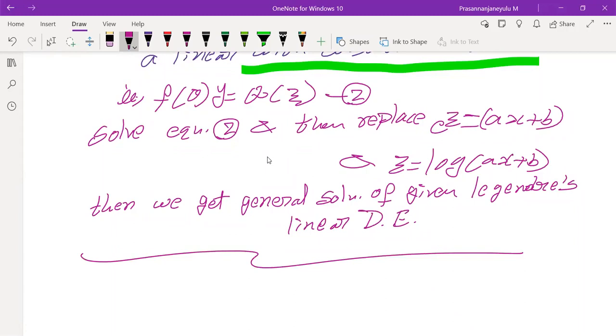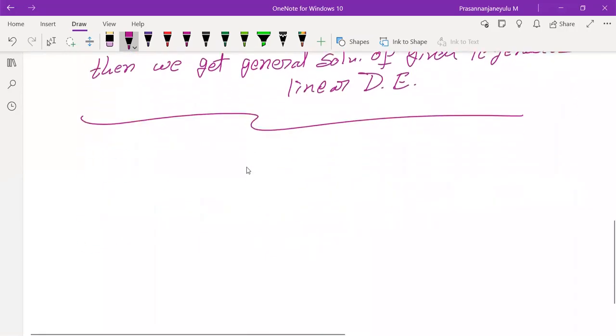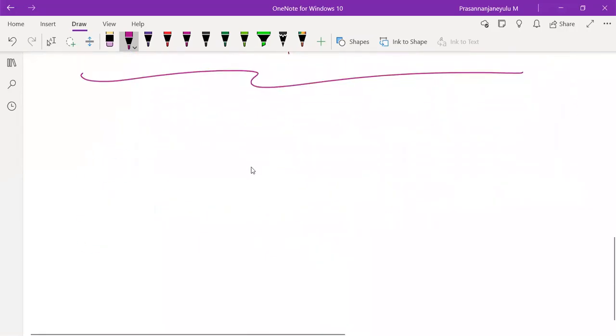Now I am going to discuss one problem on this. Only one problem, and it is very, very important. Many times this problem has been given in last year's mid examinations as well as external examinations. I discussed the same problem for the students, and the same problem was given in both the question papers.